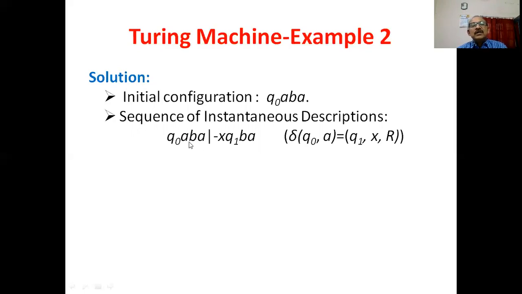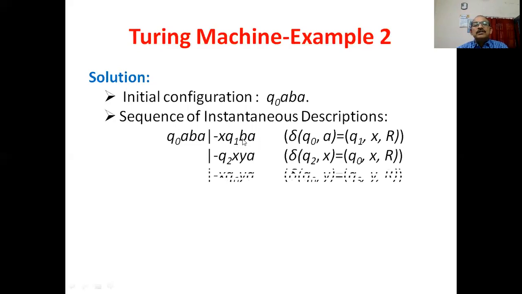Which means the symbol under the tape head must be B, and the current state is Q1. So X, Q1, B, A. The machine is in state Q1 and the input under the tape head is B. What is the instruction?